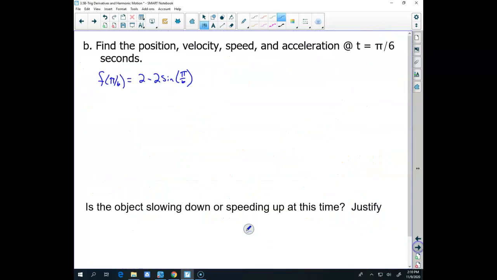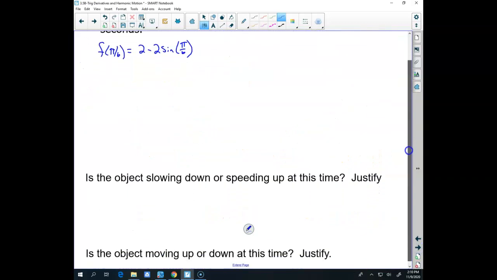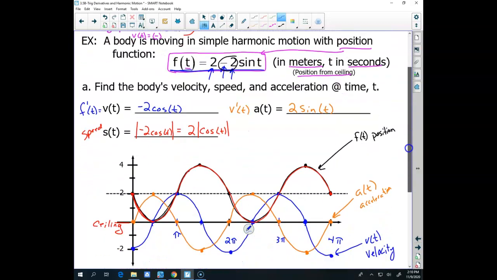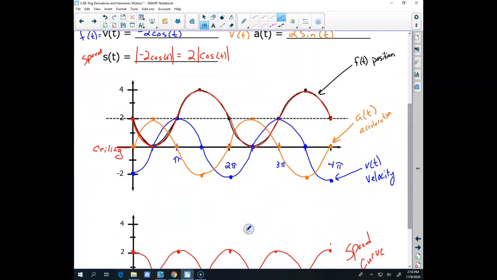Meaning, when I'm here looking, is the object speeding up or slowing down at pi over 6? Well, I can come back here really easy and look at this, okay? And I could say, well, here's pi over 2, kind of going off chart again. So pi over 6 is back here, right? Pi over 6 is somewhere back in there. I don't really care where it is in there. But what was the question I asked?